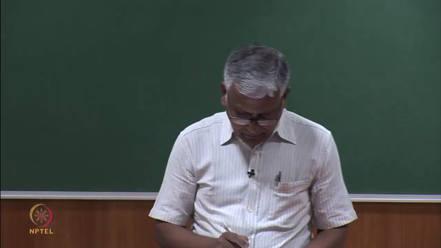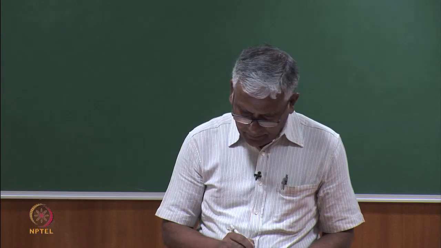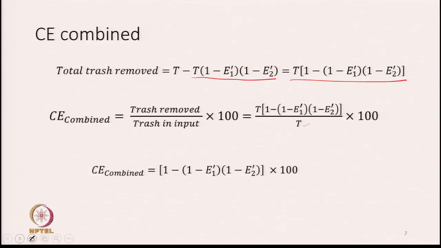If we do this, T and T will cancel and we will be left with the expression C combined is 1 minus (1 minus E1 dash) into (1 minus E2 dash), and if we want to express it in percentage, we multiply it by 100 and we get the combined cleaning efficiency in percentage. So, this is how we can find out the combined cleaning efficiency of two machines.